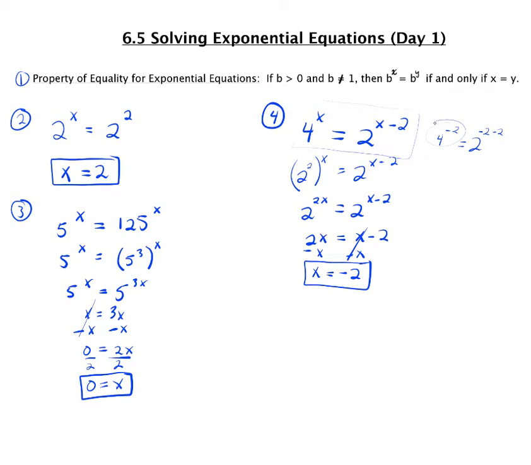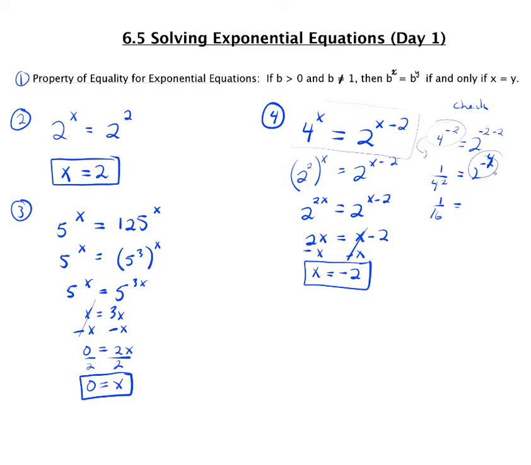I'm going to move my negative into the denominator to make it positive to do my check to see that it works. 1 over 4 to the second power should equal 2 to the negative 4 power. And 2 to the second power would be 16.